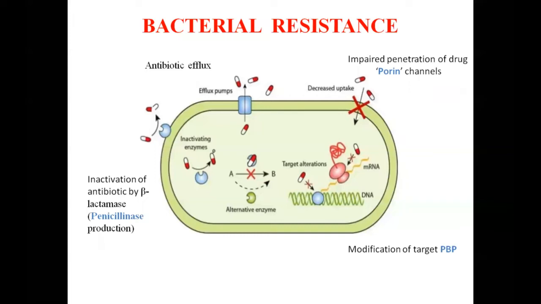And last but not the least, we have antibiotic efflux. That is a mechanism, an active transfer mechanism, by which the organism develops a way for the beta-lactam antibiotic to be thrown out of the cell, so it becomes ineffective.